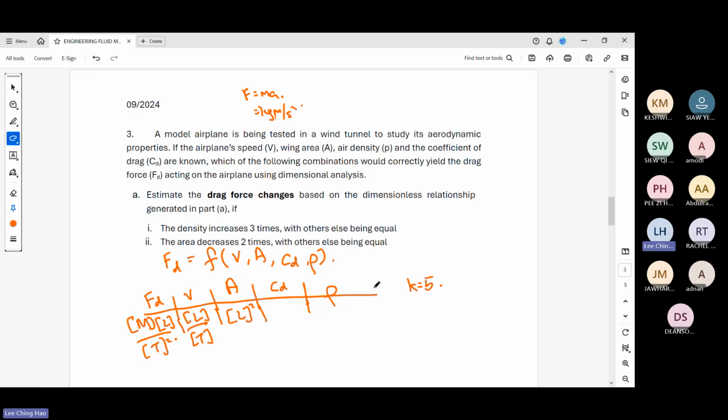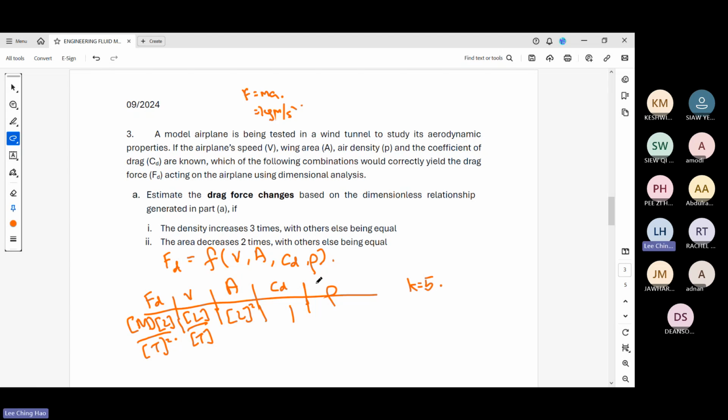Let me confirm the drag coefficient. Density actually has a unit. Let me find the unit of the coefficient.